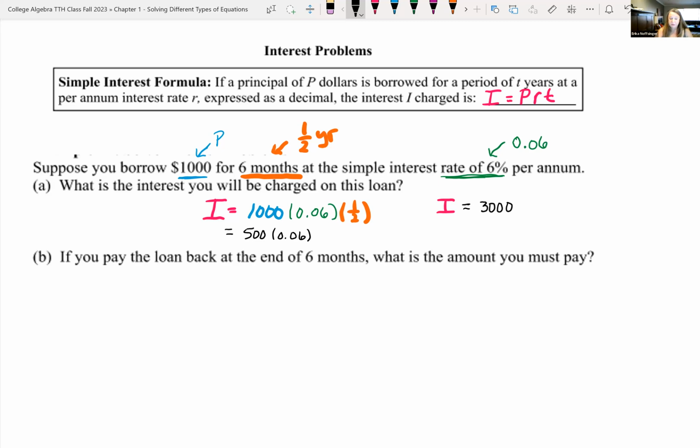But then I am multiplying by a decimal, which is 2 spots over, so I need to move my decimal over 2 spots. And so it looks like the interest from the $1,000 I borrowed for 6 months is $30.